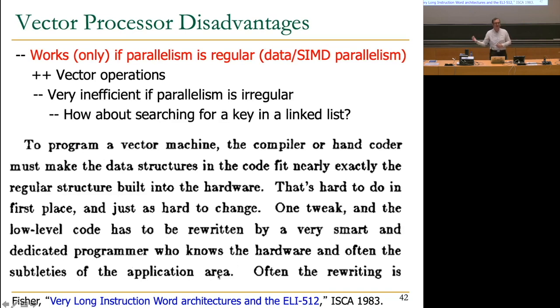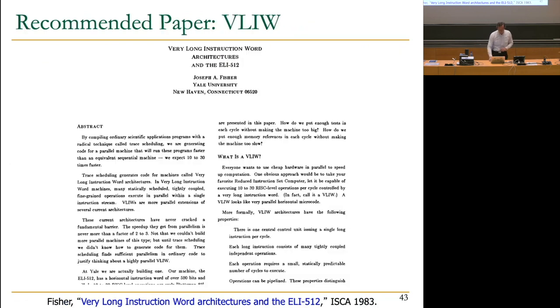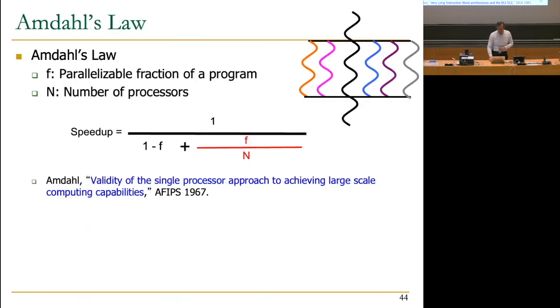And this is actually a very nice description of why some applications don't fit vector processors. But if they fit, great. If they don't fit, these problems happen. And Josh Fisher poses VLIW as a solution to this, but it has its own problems, as you know. And he continues, often the rewriting is extremely difficult, et cetera. Okay, and that's the recommended paper. You can read more about it.